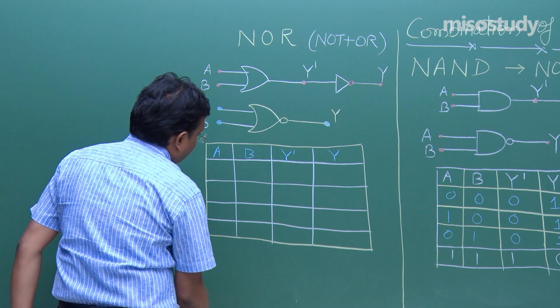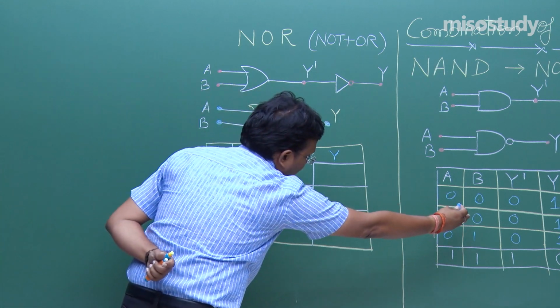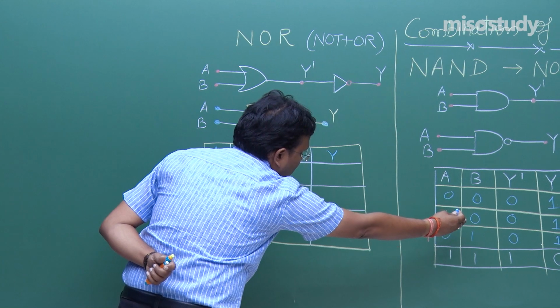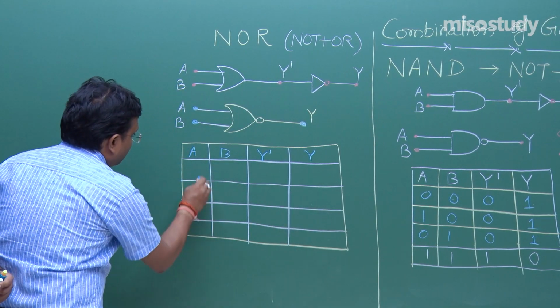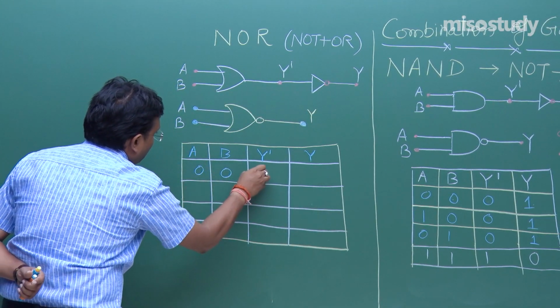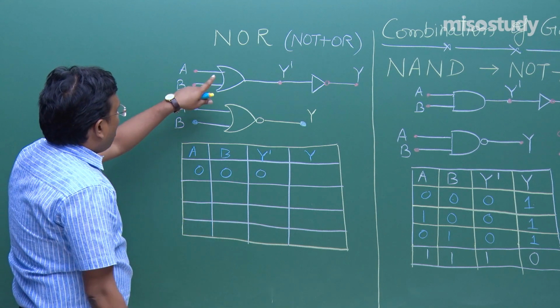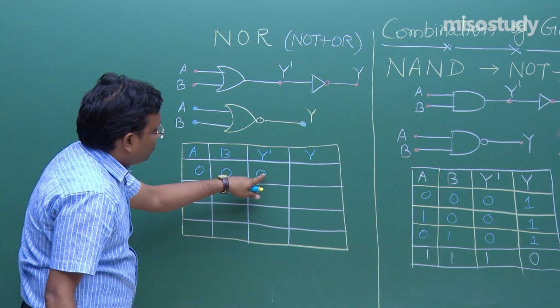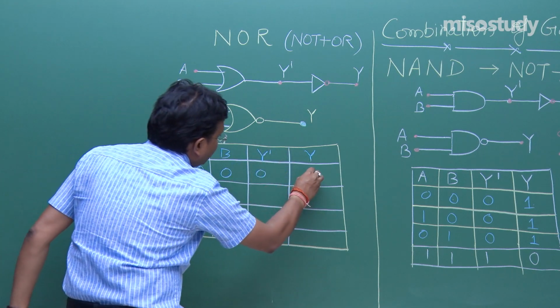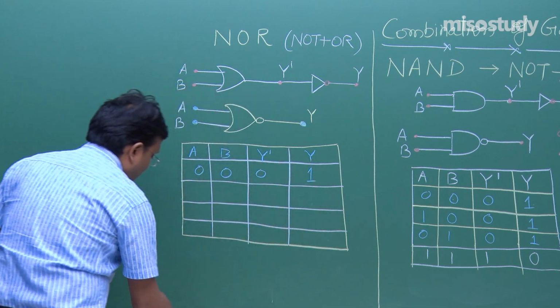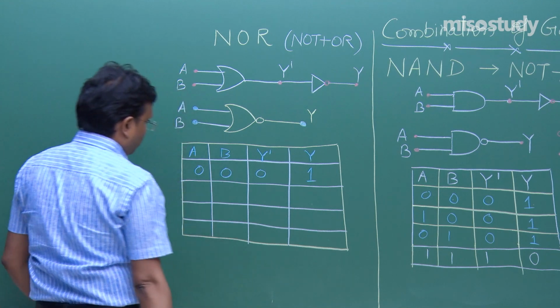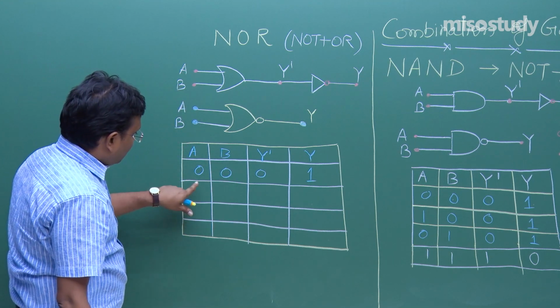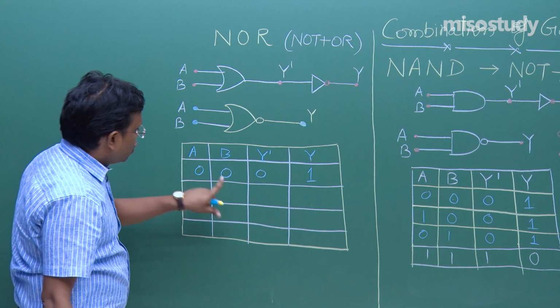Let's start providing the input. So we can use the same type of logic over here also, the way it is represented. Fine. So let's say low, low, low. In an OR gate, if both inputs are low, your output is going to be low. But because it is negation, it is high. Then the second one. Now this is high, low.